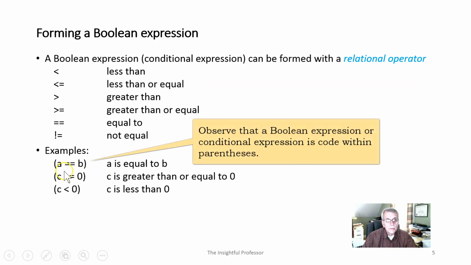Examples are shown here, where we have the variable a is equal to the variable b. And we're coding this expression. That expression is effectively a statement we're making, and that statement is either going to be true or false, depending upon the actual values that are stored by a and b at the time this expression is evaluated.